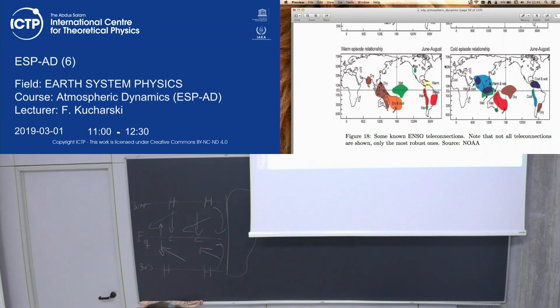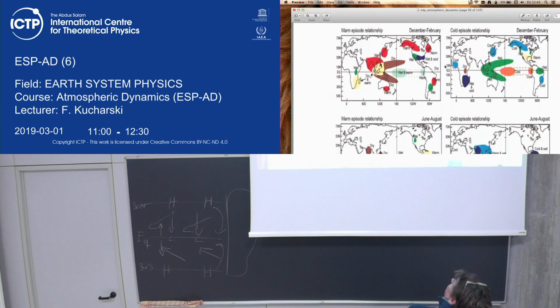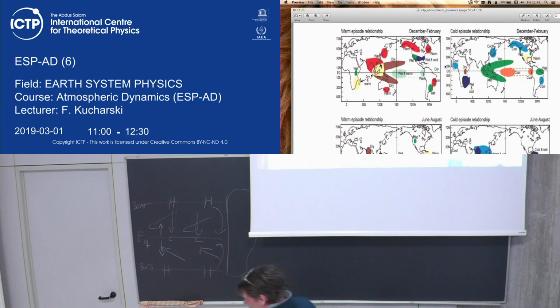That would be responsible for most of the teleconnections in the northern hemisphere in the winter. So the warming in Alaska is a very well-known teleconnection. We will see this actually later. And then these wet conditions too.